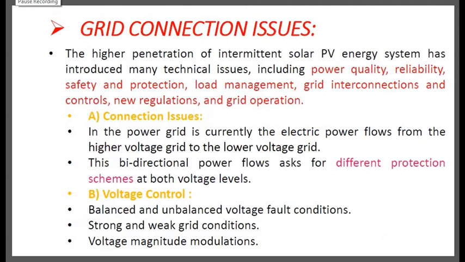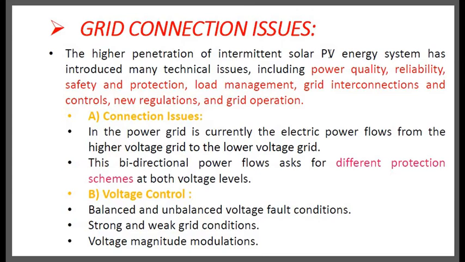Now grid connection issues. The higher penetration of intermittent solar PV energy systems has introduced many technical issues, including power quality, power reliability, safety and protection, load management, grid interconnections and controls, new regulations and grid operations. So first is the connection issue.